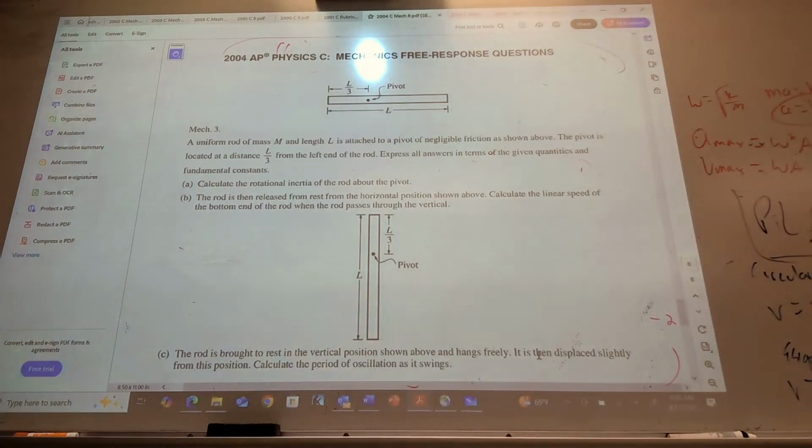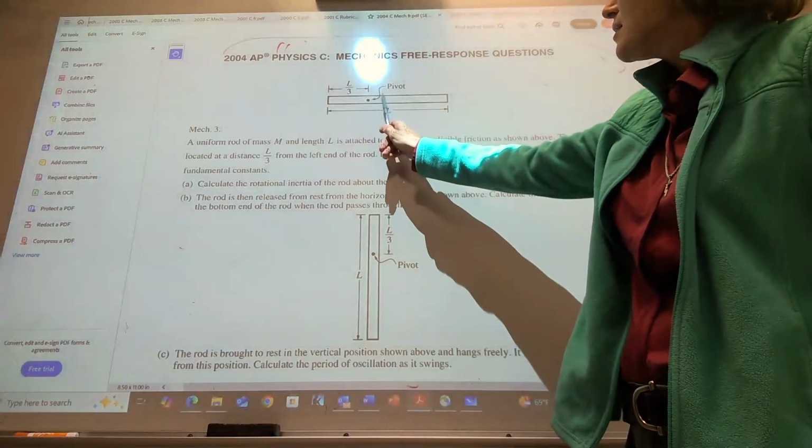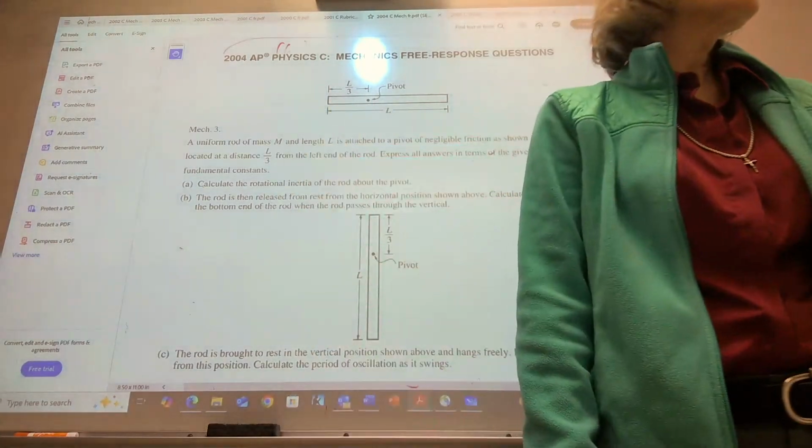You want to square that entire term. I'm looking from the axis through the center, which is right here in the middle, to the pivot, which is right here. So we need to know the distance from here to here. It's very obviously not L over 3.